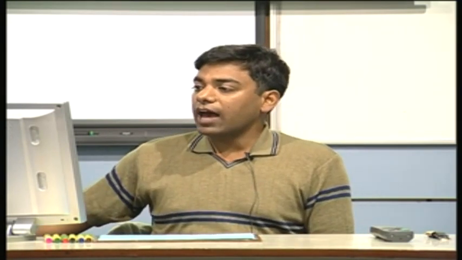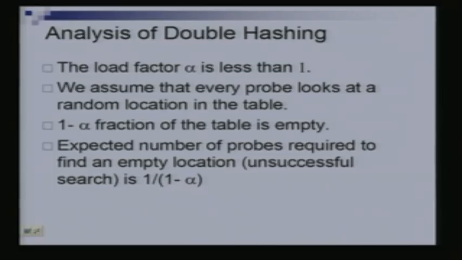So if alpha is the load factor of the table, then that means that 1 minus alpha fraction of the table is empty. If alpha is half, that means the number of elements divided by the size of the table is half, which means only half the table is occupied, so half the table is empty. So 1 minus alpha fraction of the table is empty.